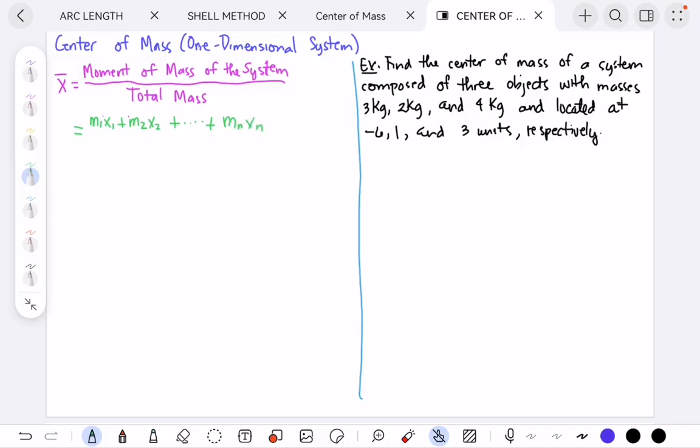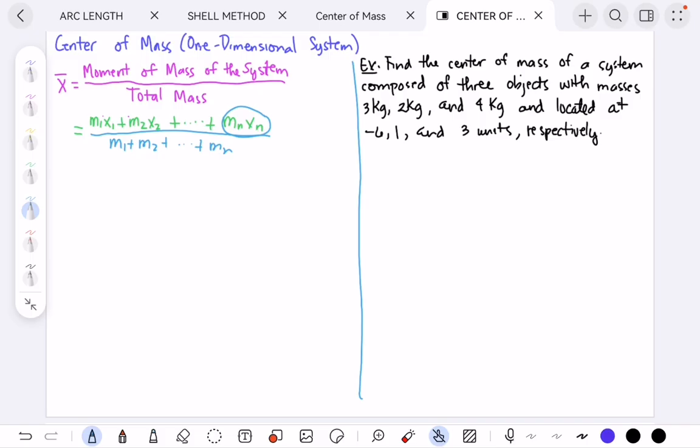This is the moment of mass of the system, divided by the total mass, which is just the sum of the masses of all n particles. That's the formula of the center of mass.